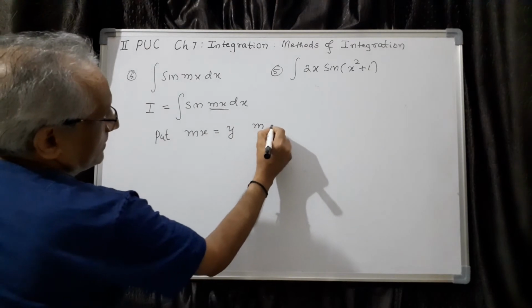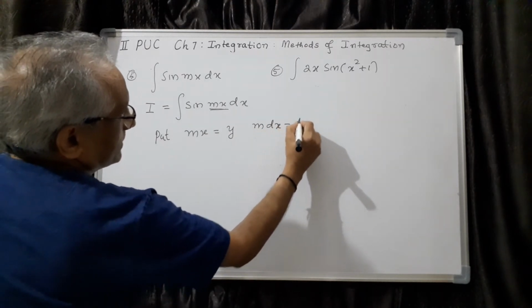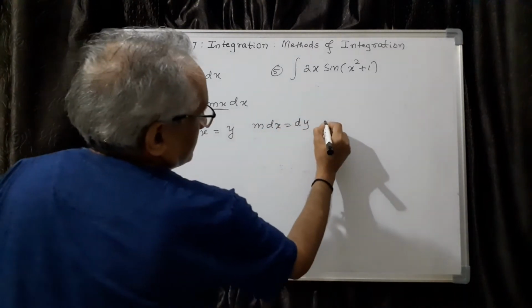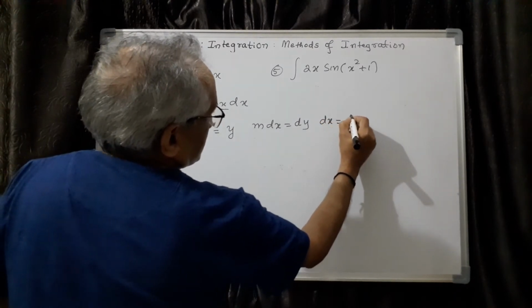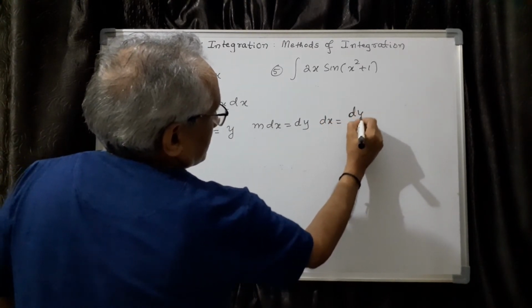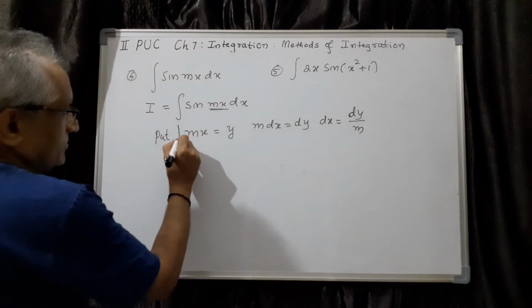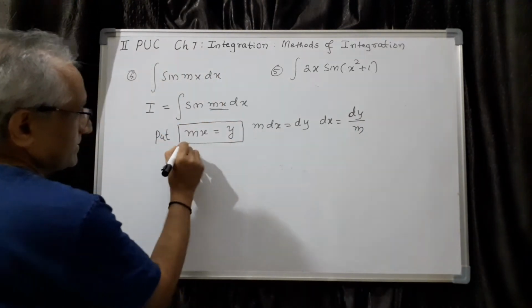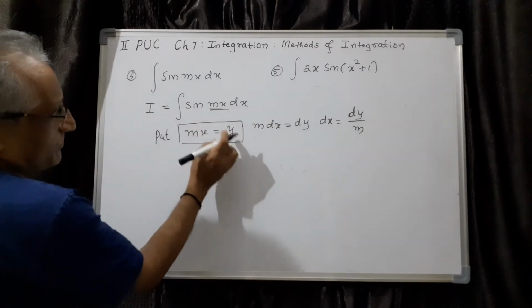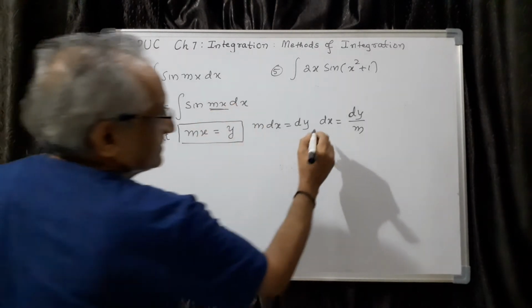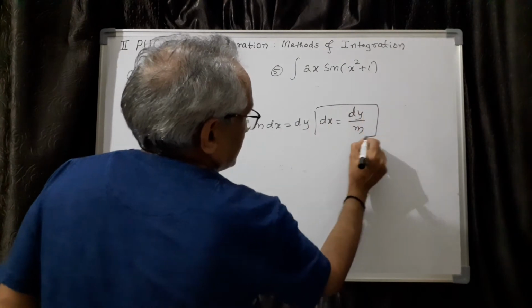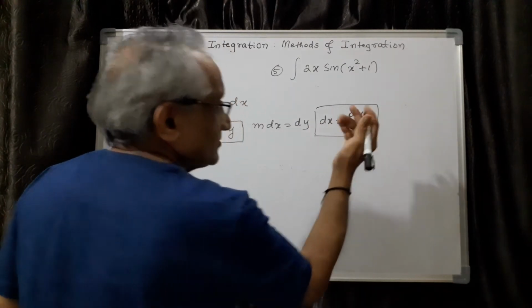Therefore m dx will be equal to dy, or dx will be equal to dy divided by m. Therefore the two important substitutions are these two. For mx you have to put y, then for dx you have to put dy by m, and m is a constant, so we don't have any problem.